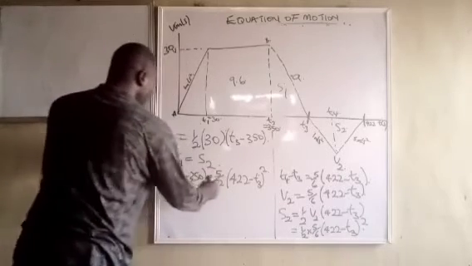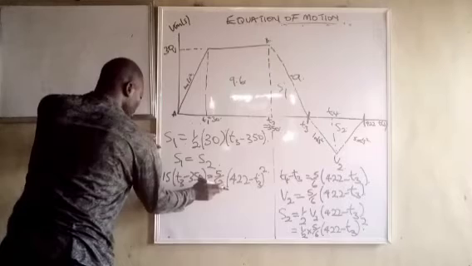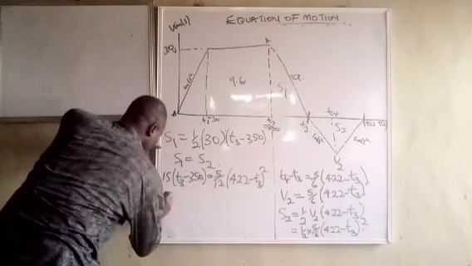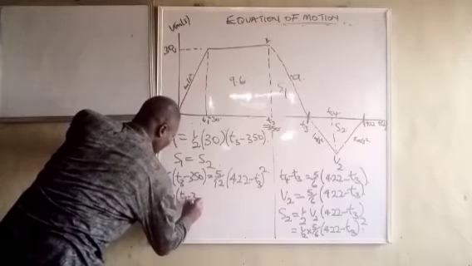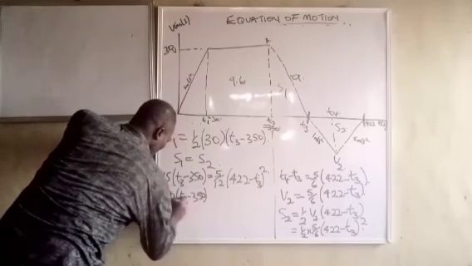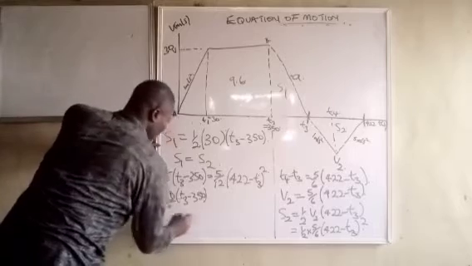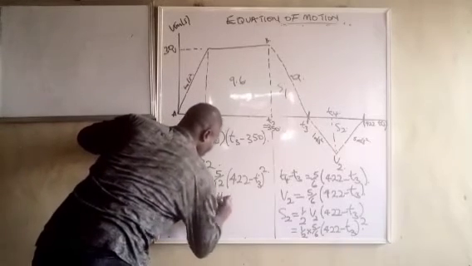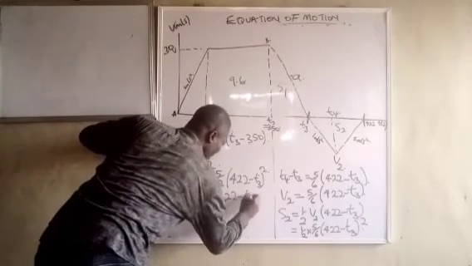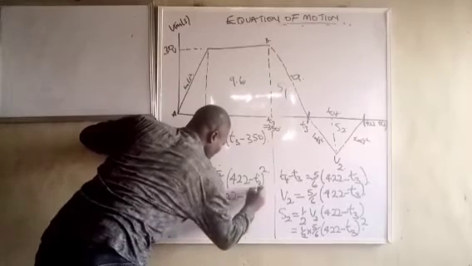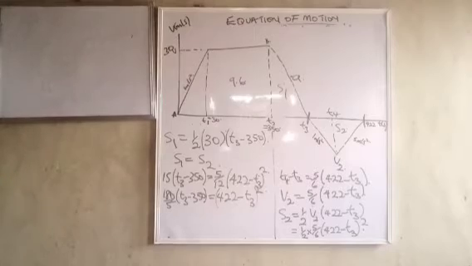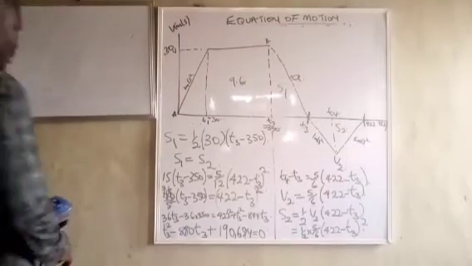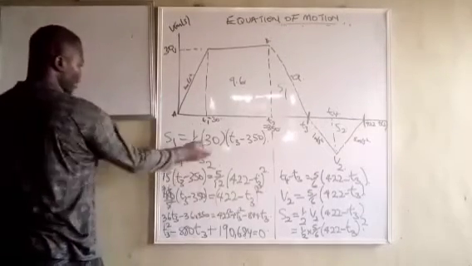Now I'm going to have 180 into T3 minus 350, 180 over 5, is equal to 422 minus T3 all squared. So you can see S1 equals S2.